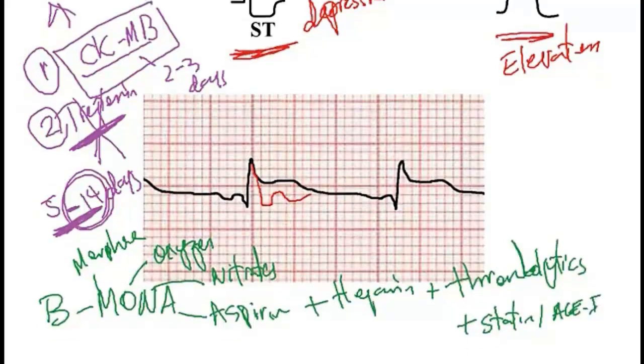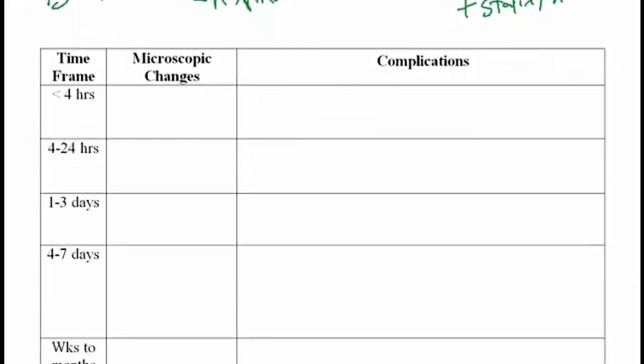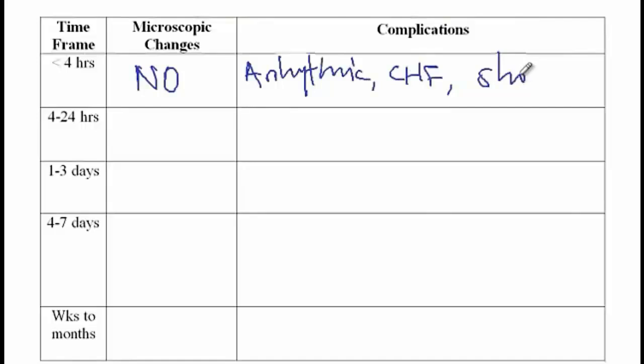So in patients with myocardial infarctions, there are changes that you will see after the injury, and so you would need to know what microscopic changes and complications can arise in the time frame shown here. In less than 4 hours, there's usually no microscopic changes, but the complications that may arise during this time include arrhythmia, congestive heart failure, as well as cardiogenic shock.